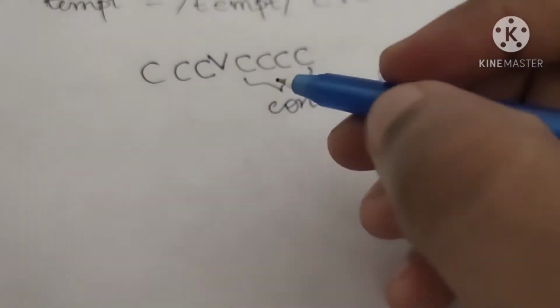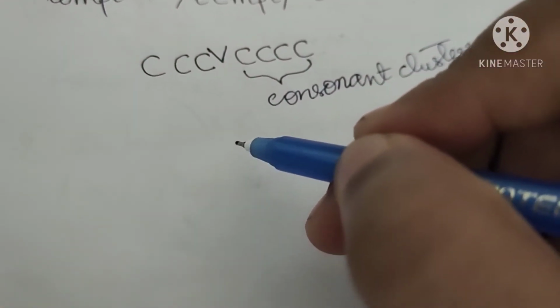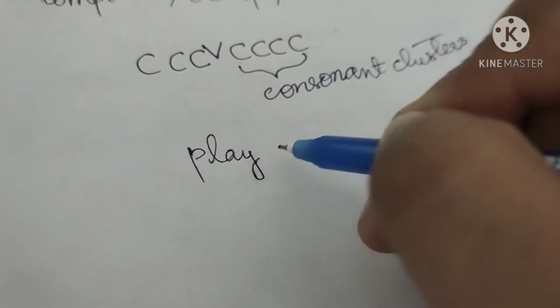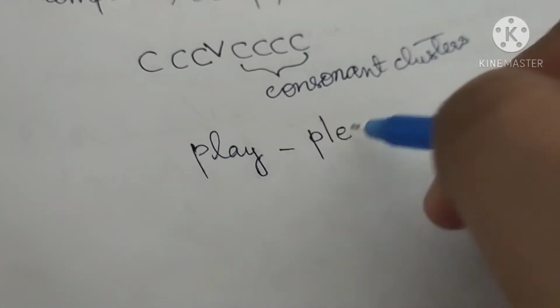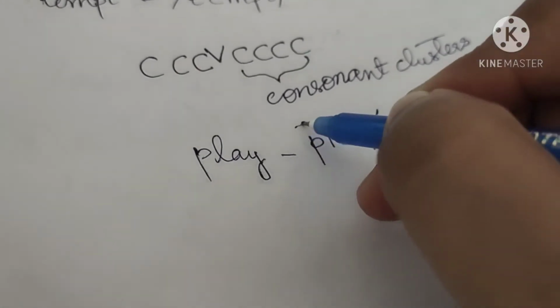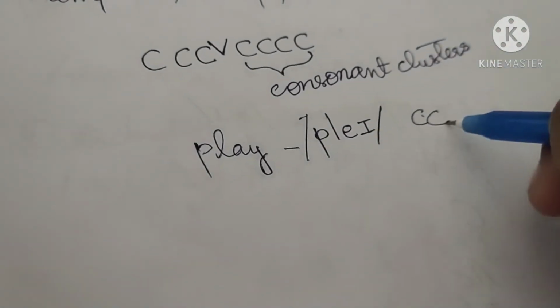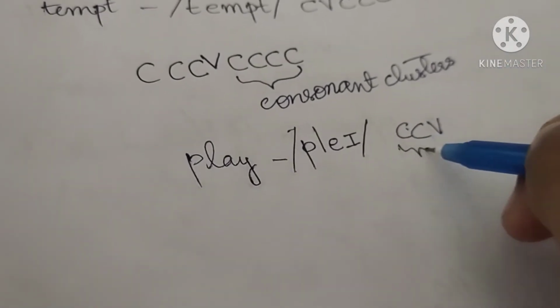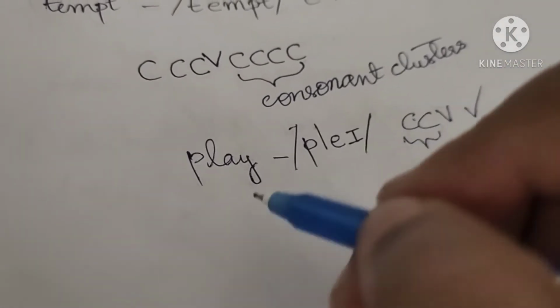Let us see these examples. It should be in one syllable. If it is not one syllable, then it is not acceptable. Let us see the example. Play, /p l e i/: we have C, C, V. So this is a consonant cluster because it is in the same syllable.